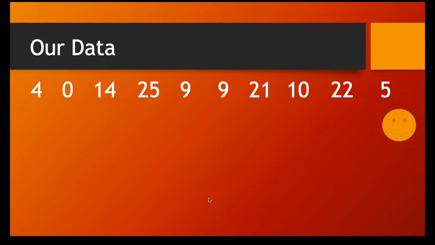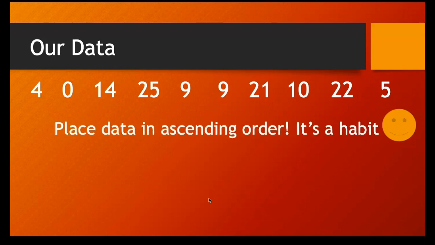Talk about trying to calculate the measures of central tendency. We're going to be looking for our mean, our median, and our mode. Again, when you're thinking about measures of center, you always want to start by placing them in order. For me, it's a habit. If it's not a huge data set, I can place them in order, no issue.